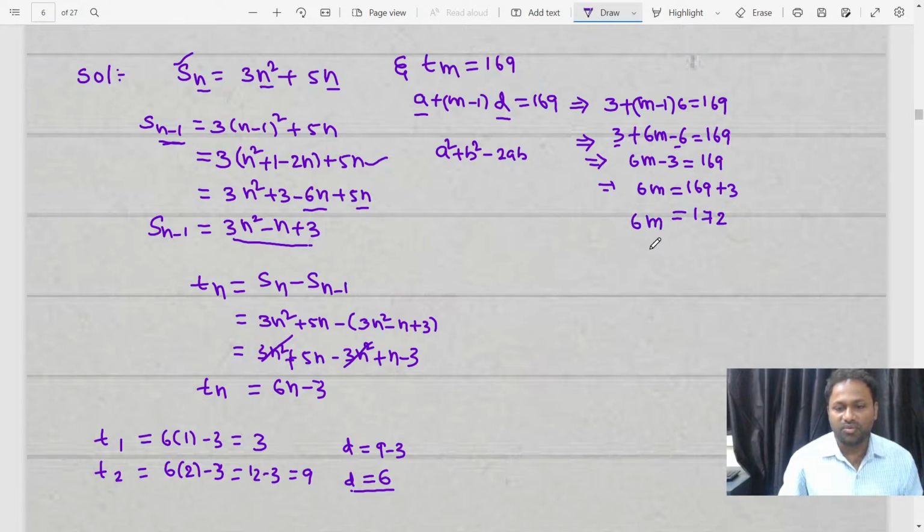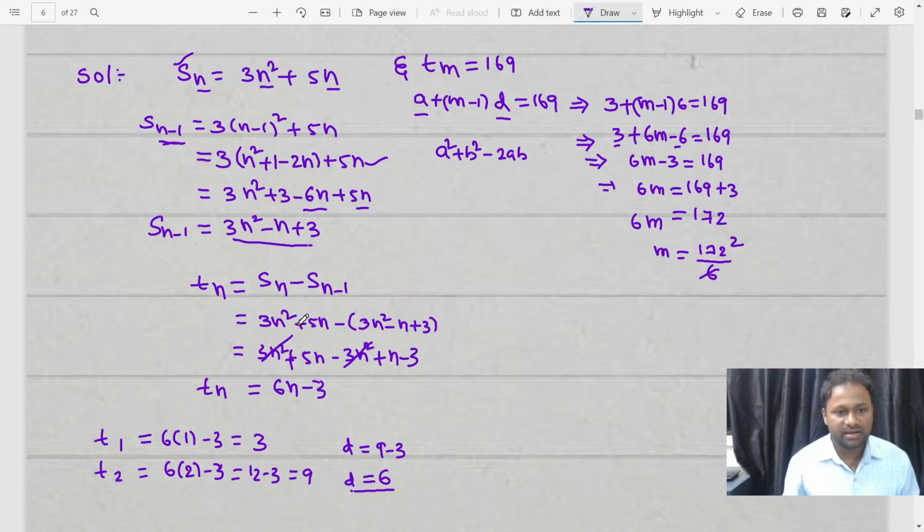m is equal to 172 divided by 6. So here, a little bit of change, I think. Here we will get one more condition.